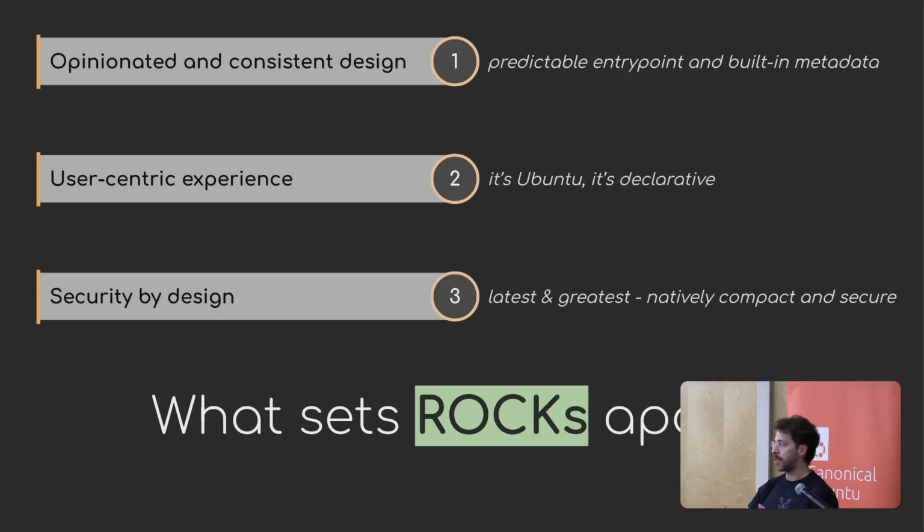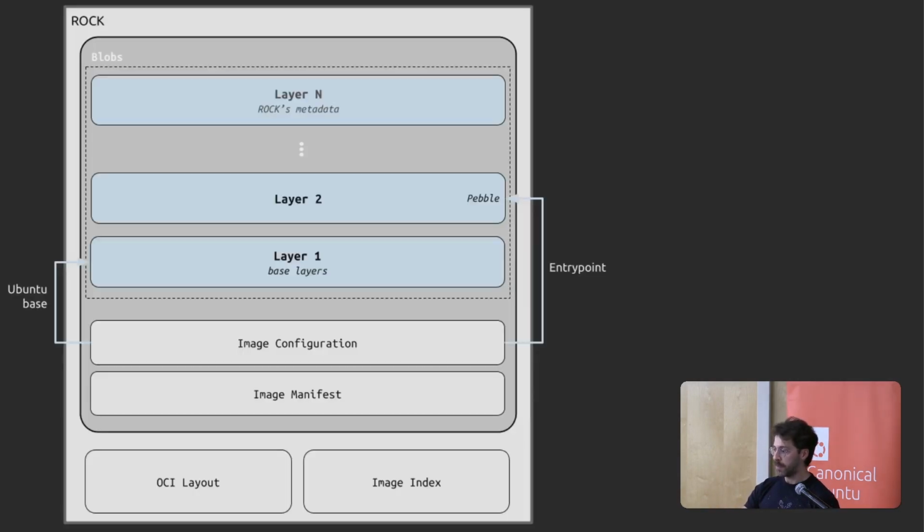There are SLAs, there are support commitments that guarantee that if there's a CVE patch, or a new update to a certain package, we'll get new container images for Ubuntu released within hours, right? So Rocks take that and use it to their benefit.